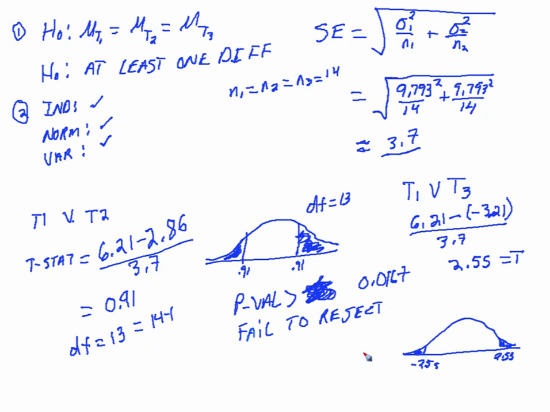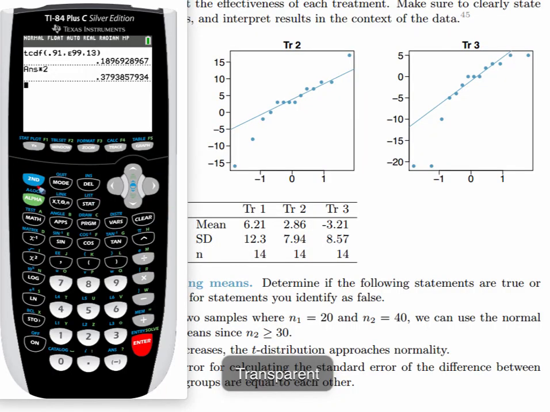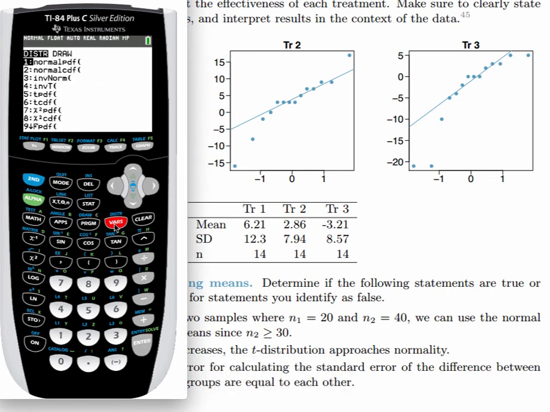All right, so let's get our calculator back out. We're going to go second distributions. We'll go TCDF, which is option 6. Our lower bound was 2.55. Upper bound is E99.